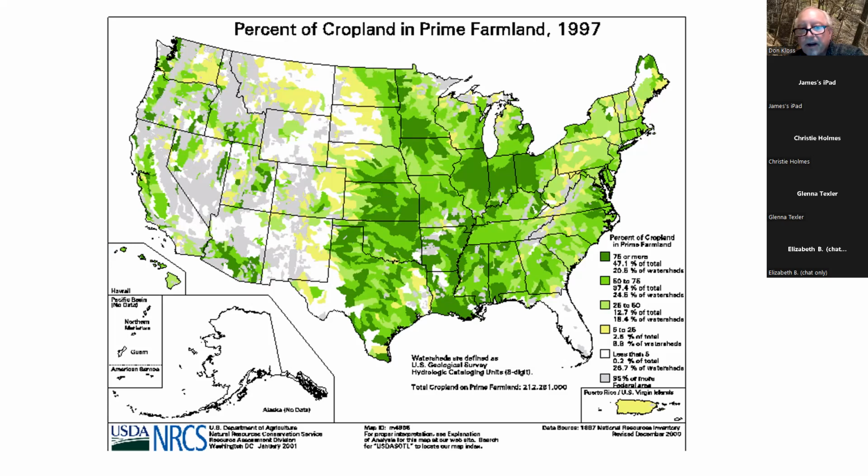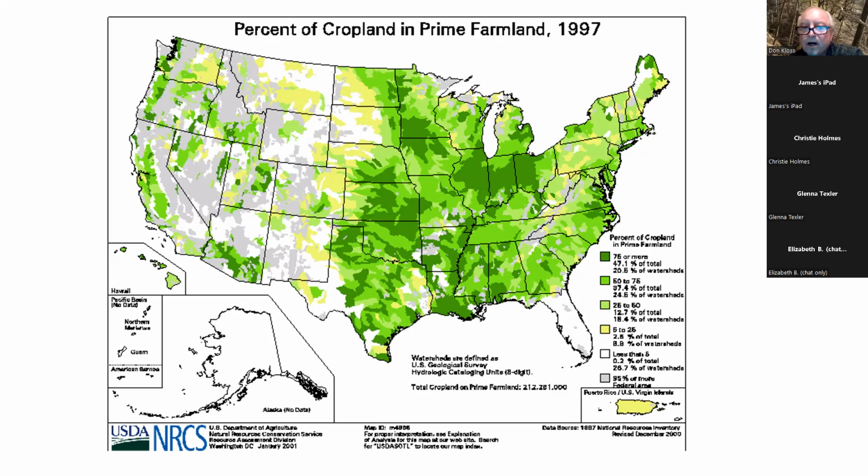And in the lighter green, you can see is the eastern half of Ohio, and that's 50 to 75% of that land was farmed on, 37.4% of the total watersheds, and 24.5% of it was on the total watersheds.